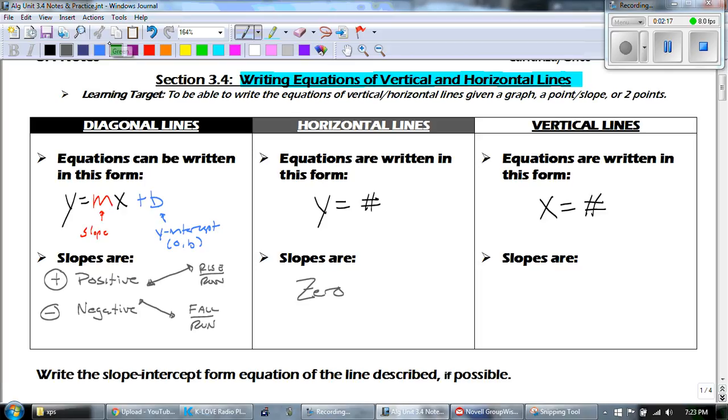Let's just draw pictures. Horizontal is from left to right. Vertical is up and down, and when it's up and down, our slope is undefined. So just remember, diagonal lines have a y and an x, horizontal lines have a y, and vertical lines only have the x.